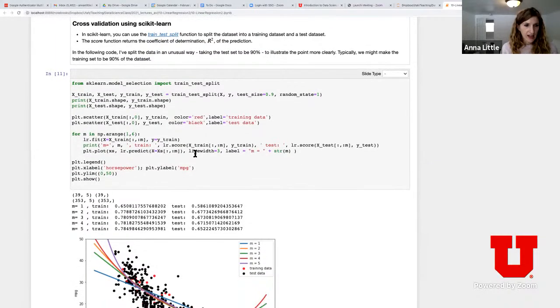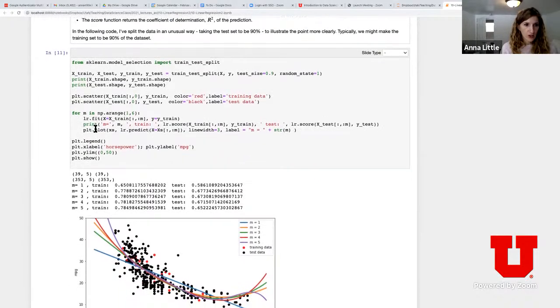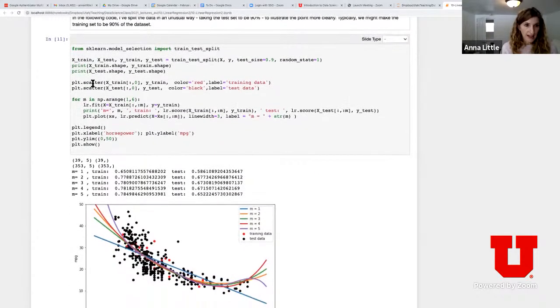You can take a look here at what you're getting. And then we're going to take a look at the plot. Here, the black points are the testing data set and the red points are the training data set.